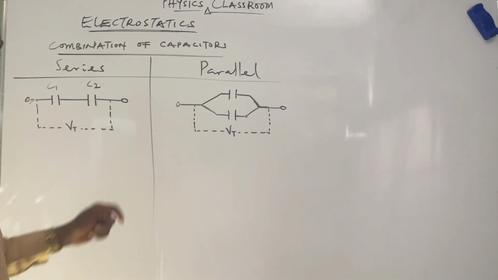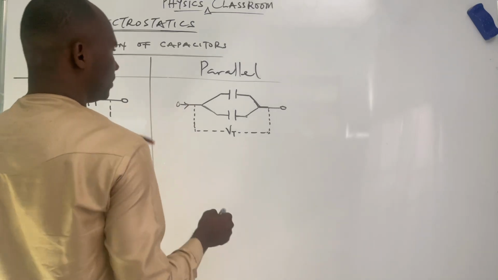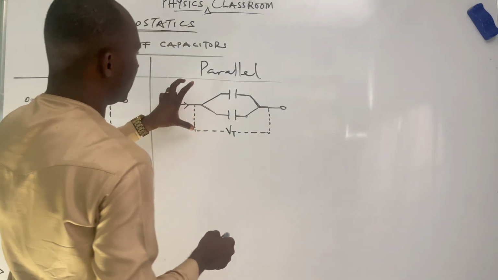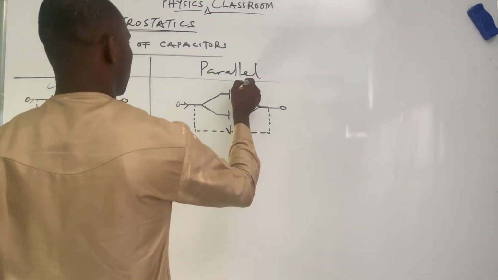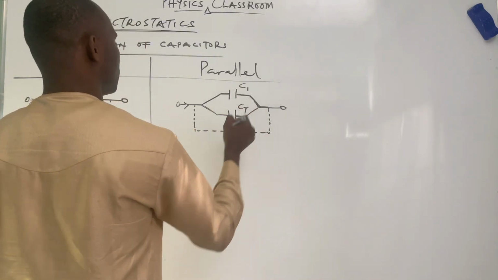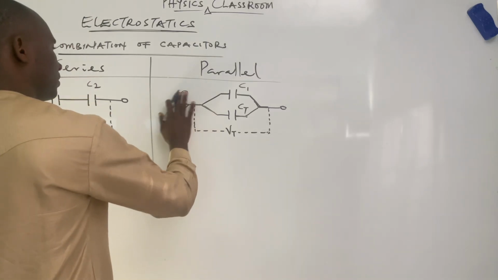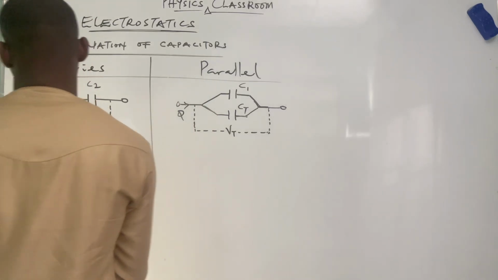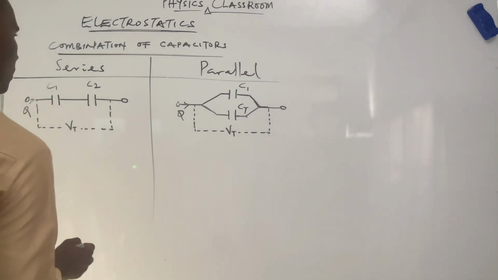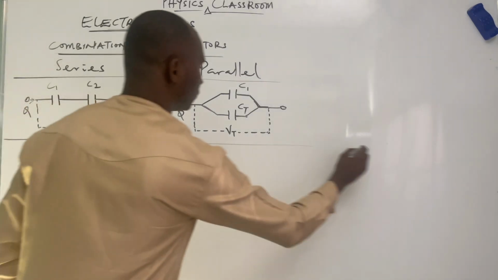So diagrammatically, capacitors arranged in parallel are expressed as this. And we have our C1 and C2. This is a Q. So that's the first thing you need to know.